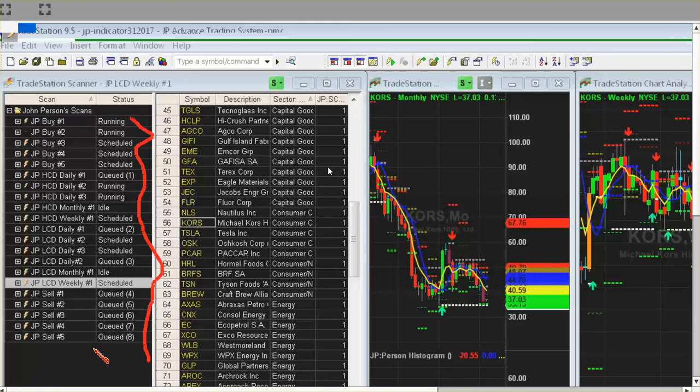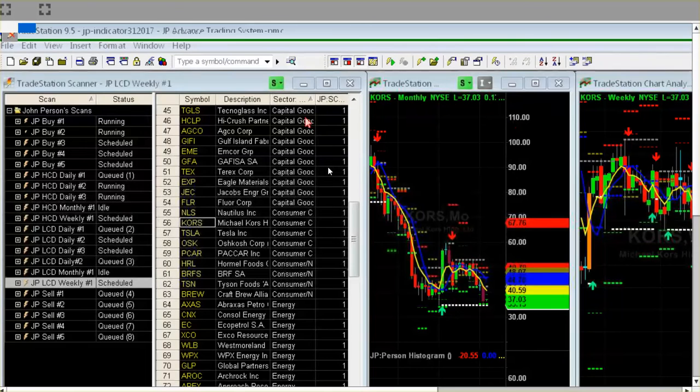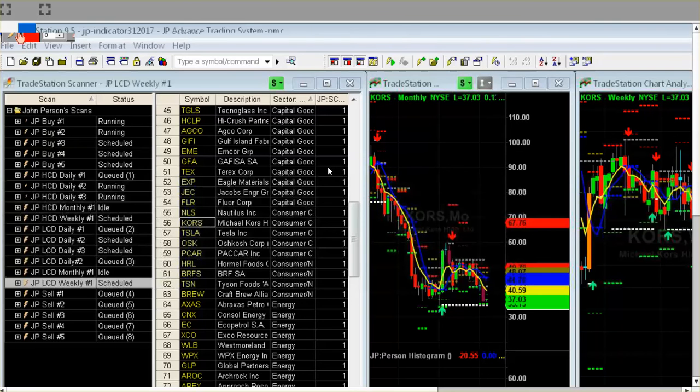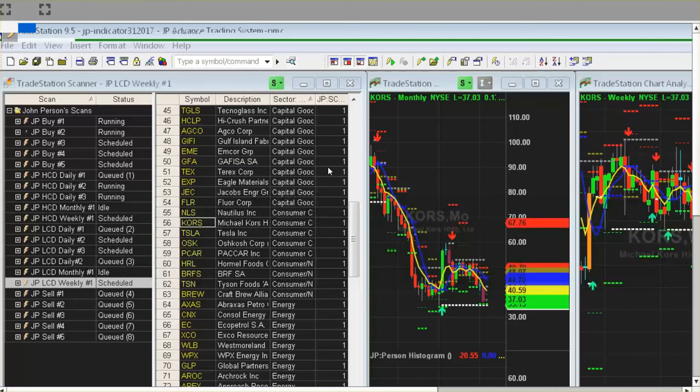So what is kind of nice to see is just like we were looking at, and this just happens to be CORE, so we'll look at CORE real quick. It's been in a weekly sell mode, and it's just been in a decline since approximately, let's call it November.